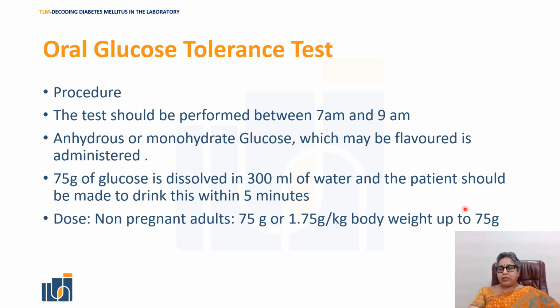This is actually the prescribed dose. We give 75 grams for most of the patients. So this is important as the pre-test conditions for the patient. You take 75 grams of glucose, dissolve it in 300 ml of water, mix it well and make the patient drink it within 5 minutes. It's not easy, but you need to do that.